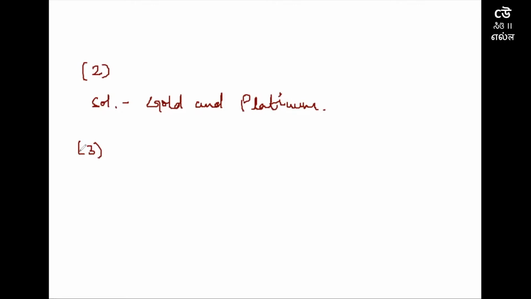The question says, what chemical process is used to obtain a metal from its oxide? We'll answer this question by saying that the reduction method is used to obtain metal from its oxide.